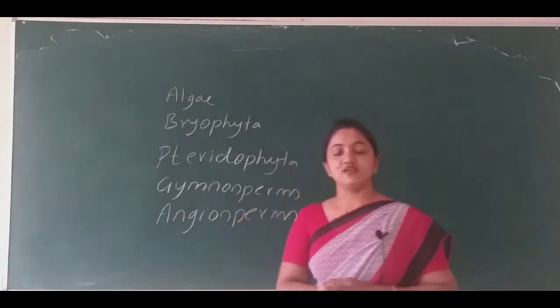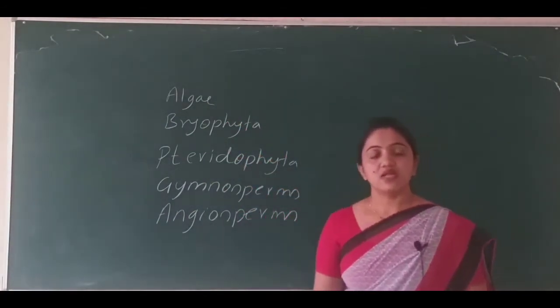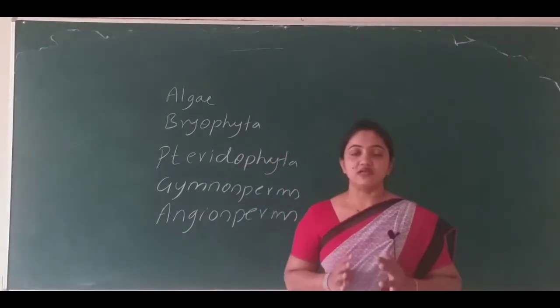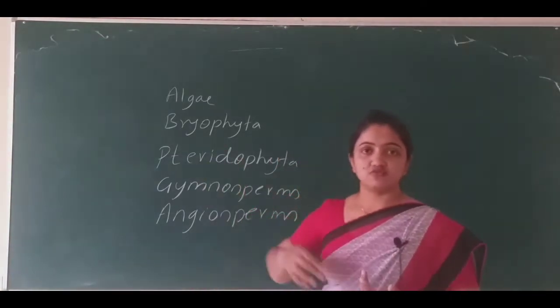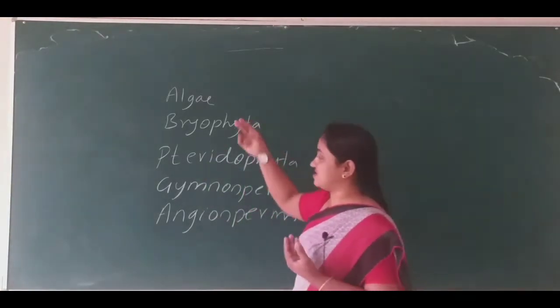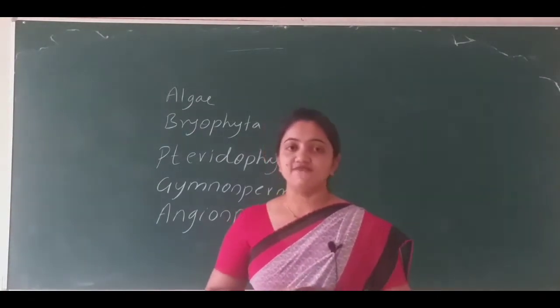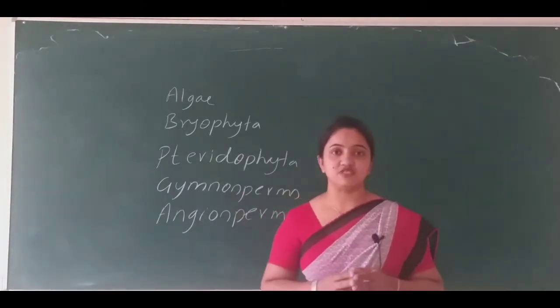The first thing, I'd like to start with the Thallophyta or algae. The algae are very important plants in the plant kingdom. Why so? I'll tell you when I start telling the uses of algae. The algae consist of unicellular species to multicellular species.